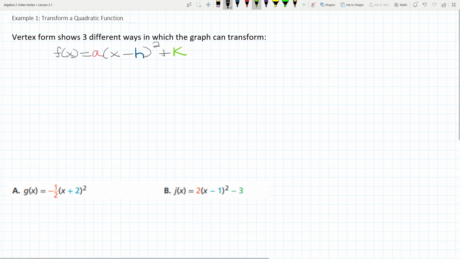All right, let's talk about what each of these things do. The a has a few different functions. This is our first little bullet point: if a is positive, then the graph opens upward.